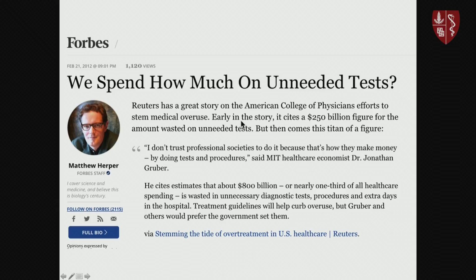It says a story cited a $250 billion figure for the amount wasted on unneeded tests. That's not just on tests that are administered. And then this economist goes on to say that it's actually $800 billion: one-third of all healthcare spending is wasted on unnecessary diagnostic tests, procedures, and extra days in the hospital.